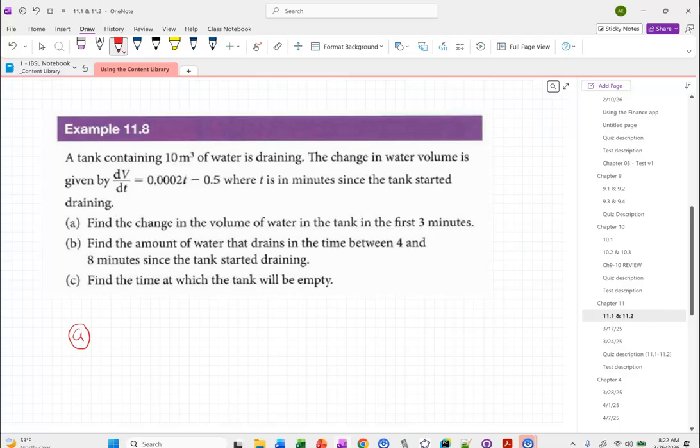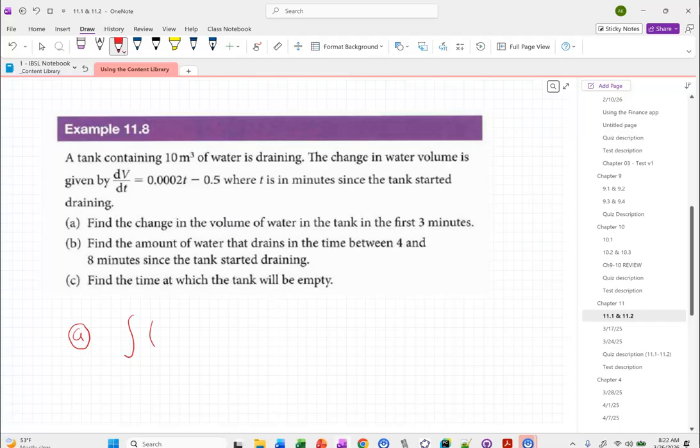So what we're looking to find here in part A is the accumulation of how much water has leaked out of the tank. Does everybody see from the verbiage why we're talking about an accumulation here? If it's an accumulation, we want an integral. And the rate at which the water is draining is this.